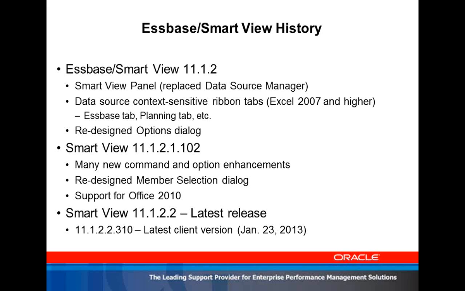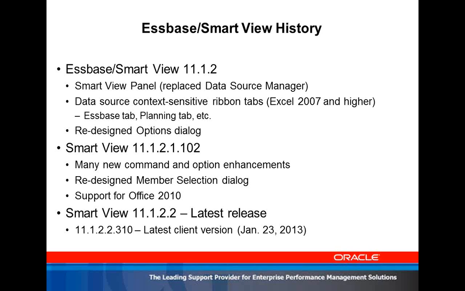Then something called the SmartView Panel, which exists to this day, replaced the Data Source Manager. And I'll be pointing out a few things on the SmartView Panel today. And as long as you have Excel 2007 or higher, it also brought along with it the Data Source Context-Sensitive Ribbons, which means if you connect to an S-Base data source, you've got an S-Base ribbon with the commands appropriate for S-Base data sources.